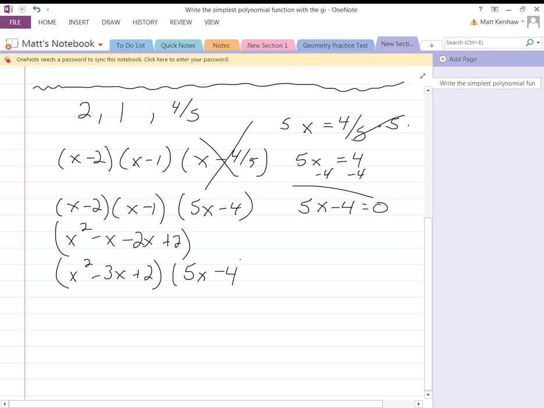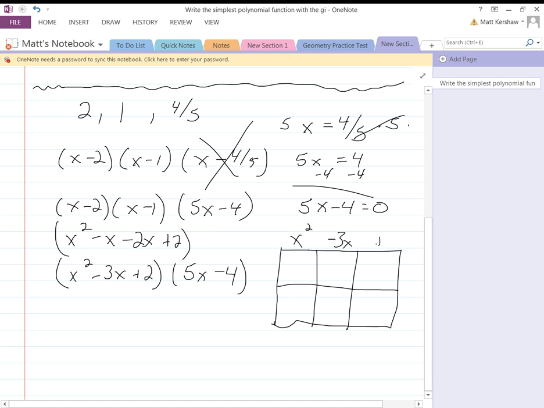And now we're going to multiply this binomial times the trinomial. If you want, you can use your box method again. So x squared minus 3x plus 2, 5x minus 4, and now multiply.